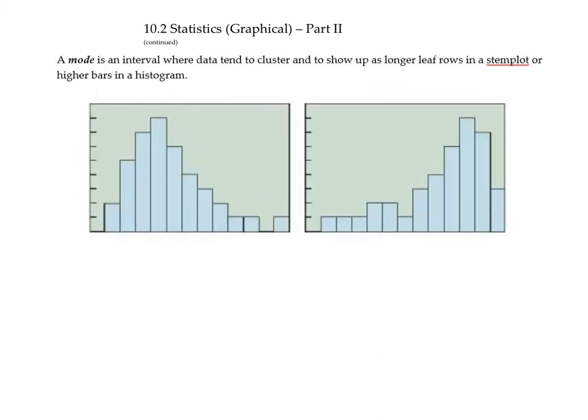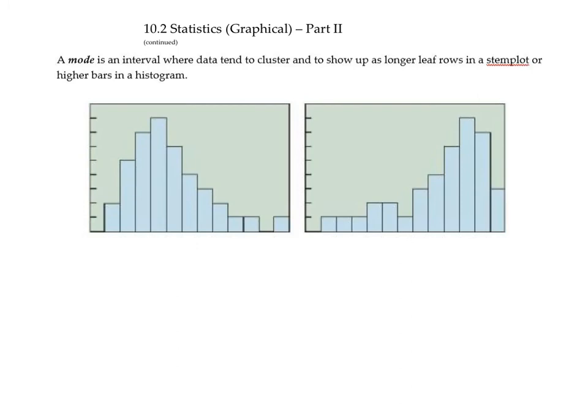Compare your memory of 10.10a, the nice symmetric graph, with these two graphs. The one on the left has quite a bit of data extending out to the right of its mode, the high point, and we would say that the graph on the left is skewed right. Similarly, the graph on the right has a lot of data off to the left, so we would say it's skewed left.